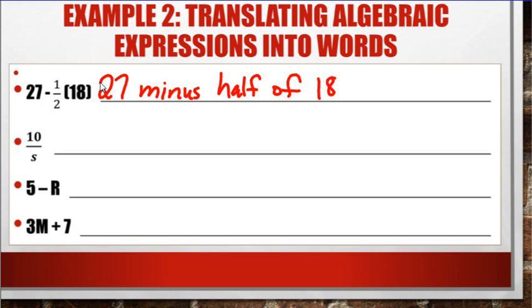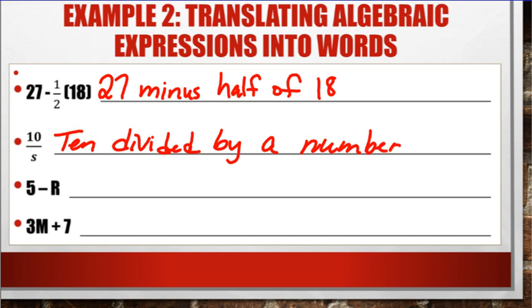10 divided by s, I can easily write that as 10 divided by a number. Or 5 minus r, 5 minus a number, or a number less than 5.